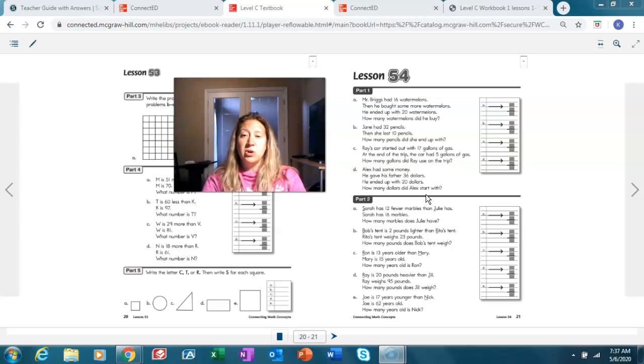And so if you could open your notebook, label it Lesson 54, Part 1. And we have some start and end action problems. So I'm going to read the first problem to you, and then you can make the number family on the arrow.